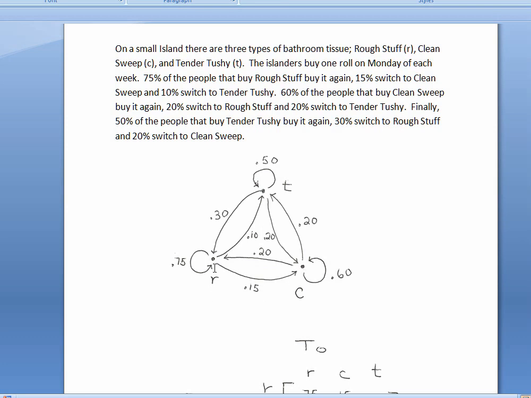And you follow this edge that goes from R to T, it tells you that 10% of the people that buy rough stuff are going to switch to tender tushy. And you can take a look at the problem and the diagram and see how it's made. And again, if you need to, just pause the video, take a look at it, and see if you can figure it out.